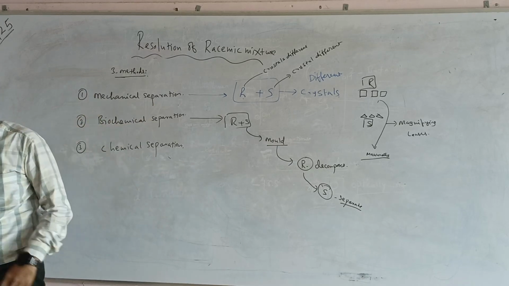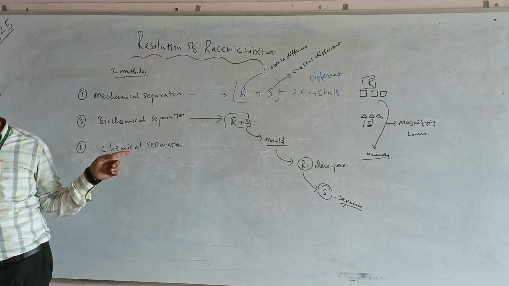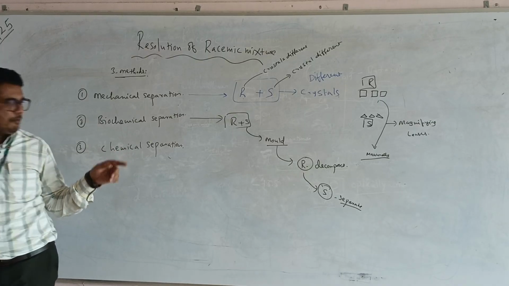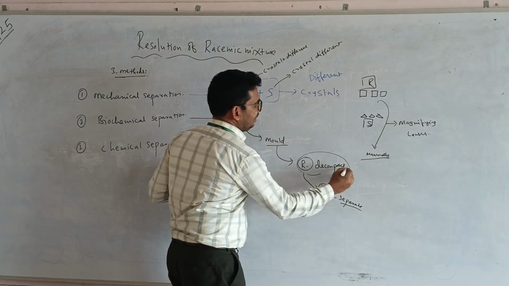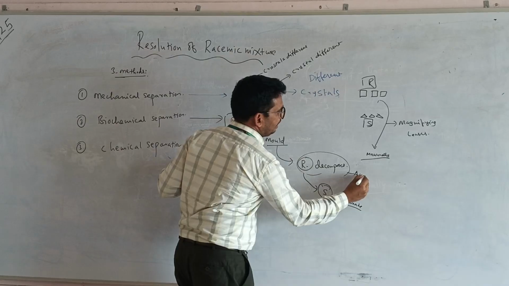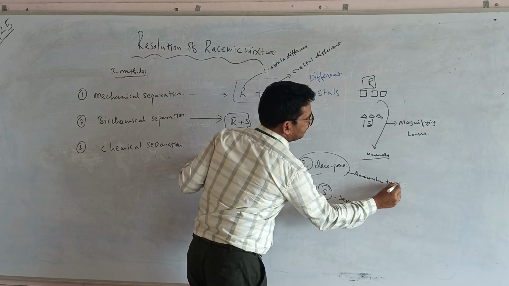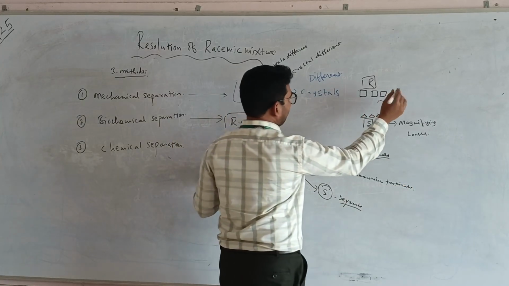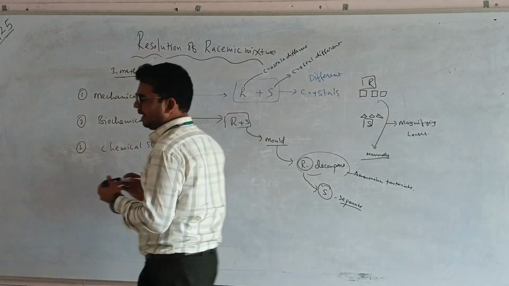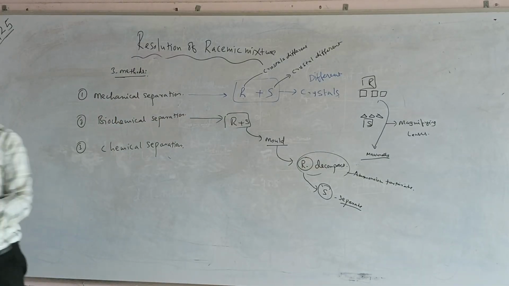The example for this is ammonium tartarate. It decomposes the R form of ammonium tartarate. What is the example? Sodium ammonium tartarate.